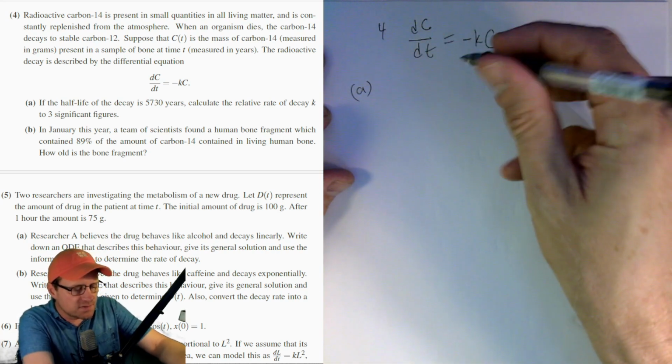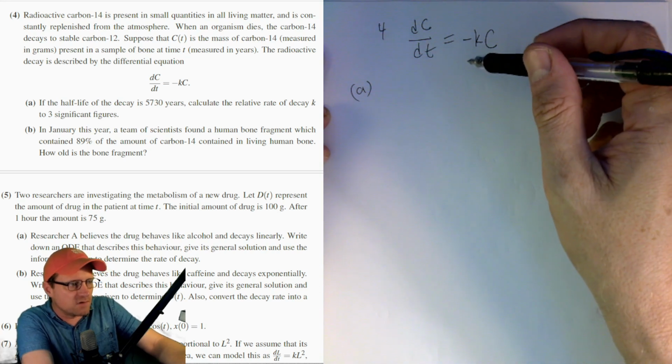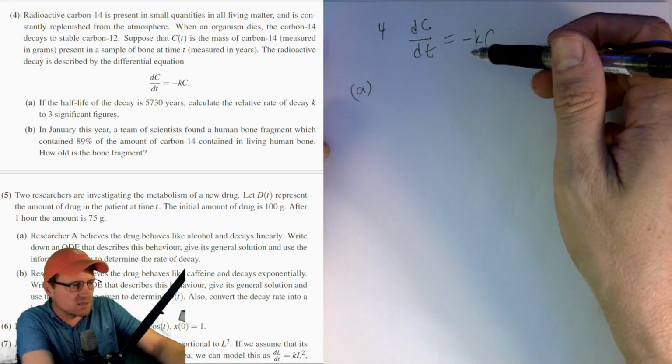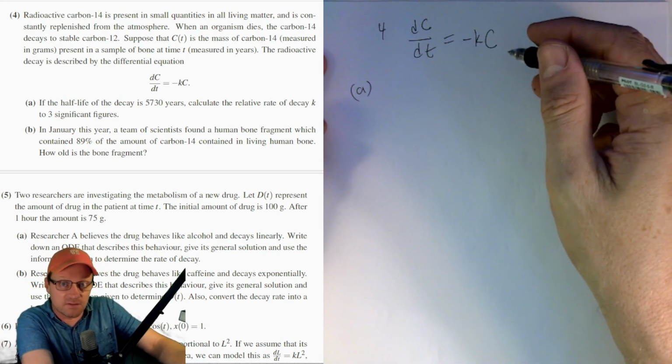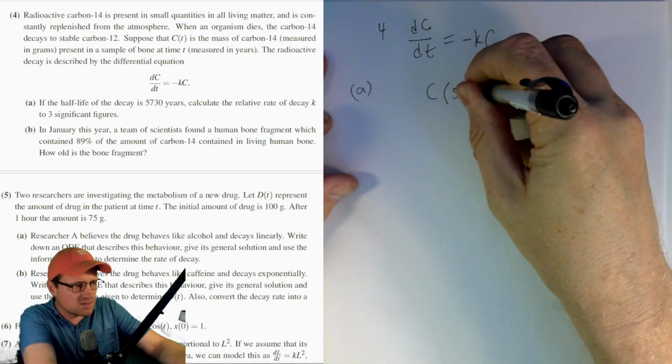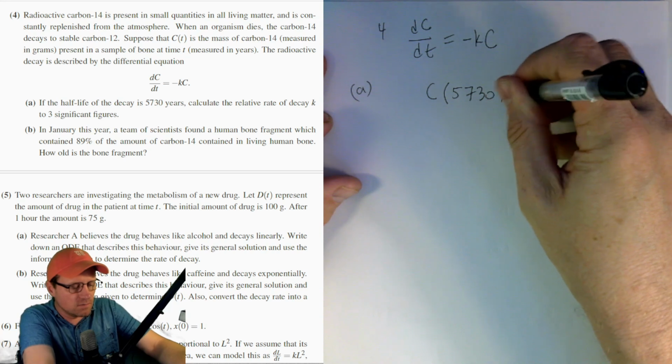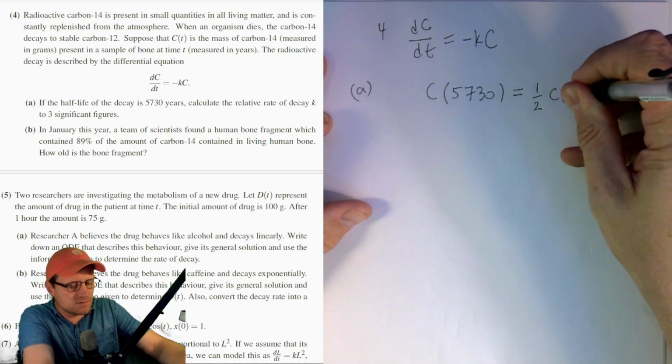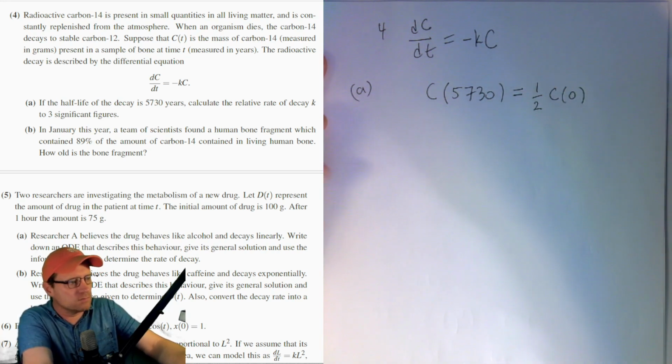All right, so what this says is half of the amount is present after 5,730 years. So this says C(5730) is 1/2 C(0).